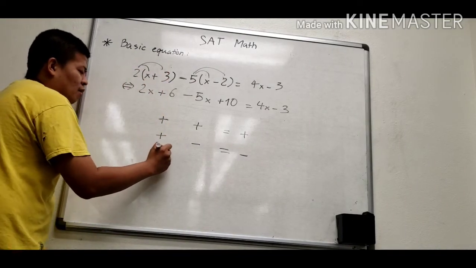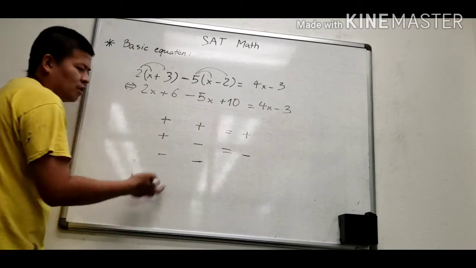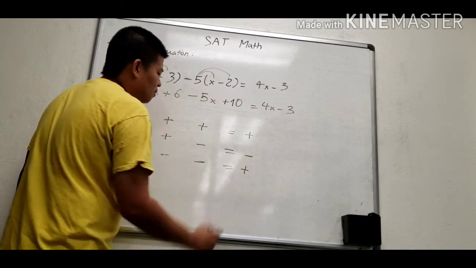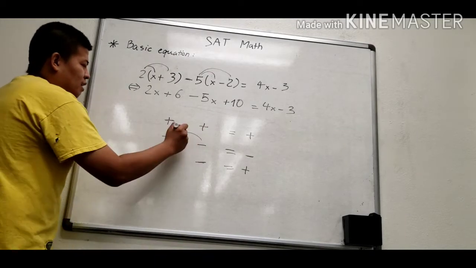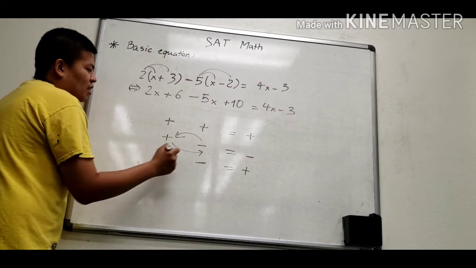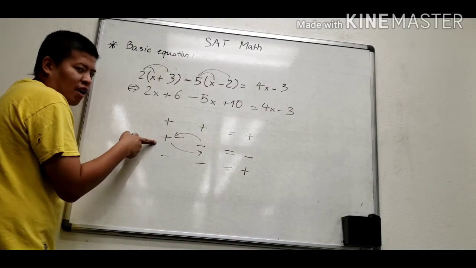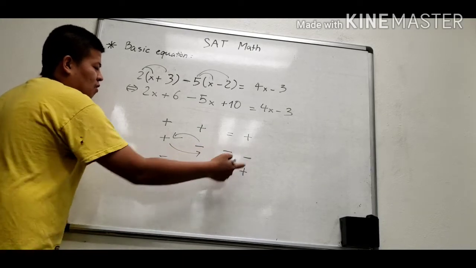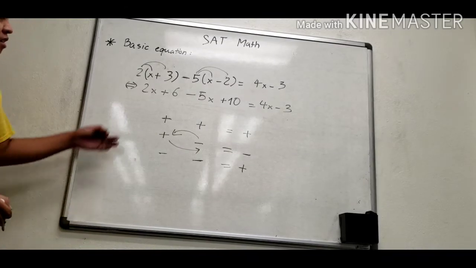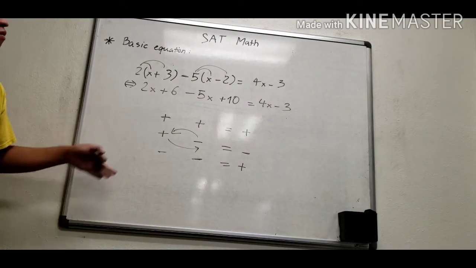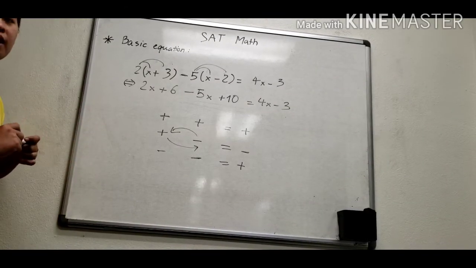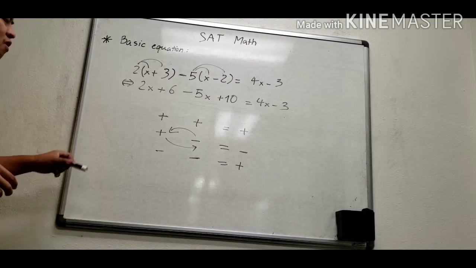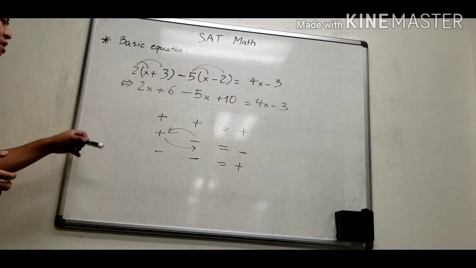But if we have two minus numbers multiplied together, they will become positive. And this one, they can swap together. This means if the left is the minus and the right is the positive, they still get the minus number. So this is the basic for you to learn about multiplying with different signs: positive with positive, negative with positive, or negative with negative.